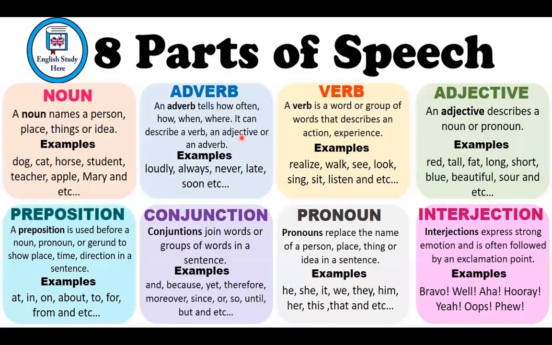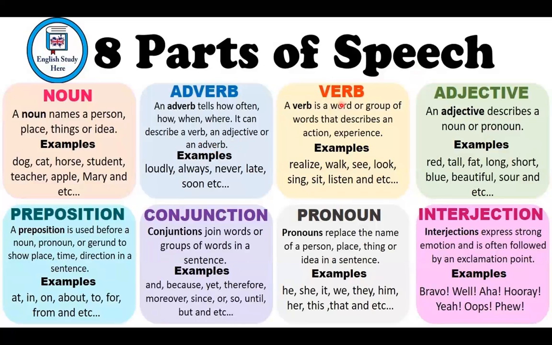Hot is the adjective, very is the adverb. Or it can be used even for other adverbs as well. The boy ran very quickly. So you have very, that is modifying quickly. So it can be used to modify the verb, the adjective, or another adverb.